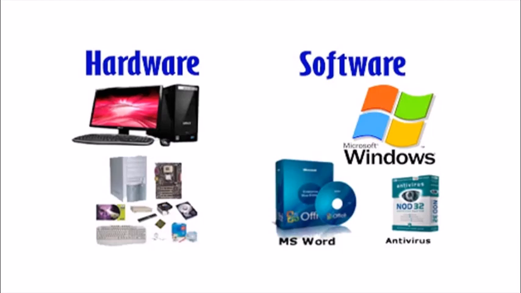Now there are two important things. First is hardware and second is software. Hardware consists of all the electronic and mechanical parts of the computer. For example, the screen, the CPU, the keyboard, and the mechanical parts are called hardware. Next is the software.